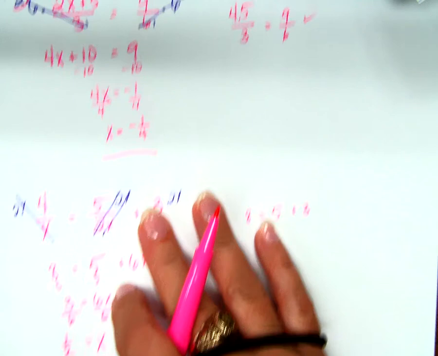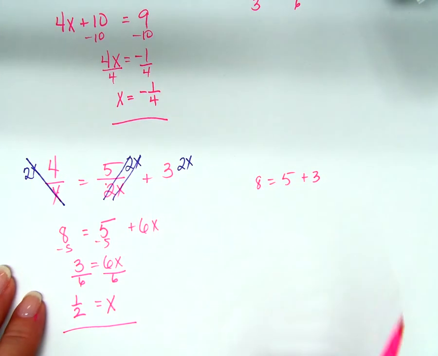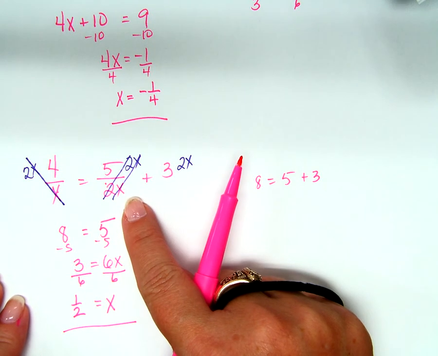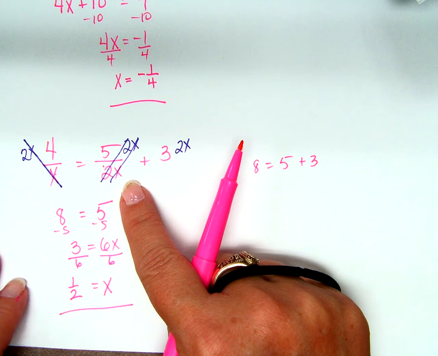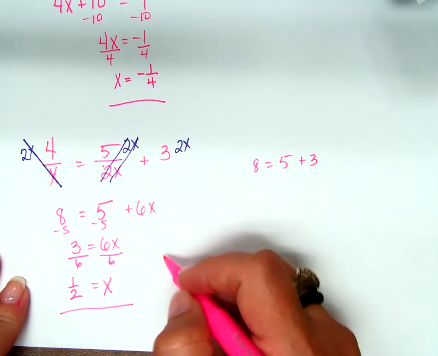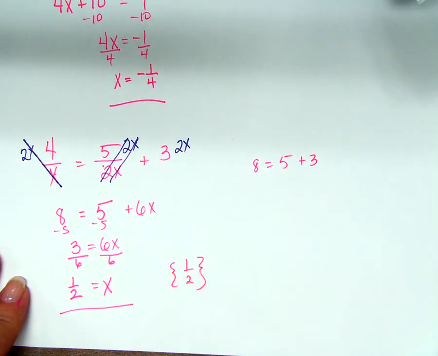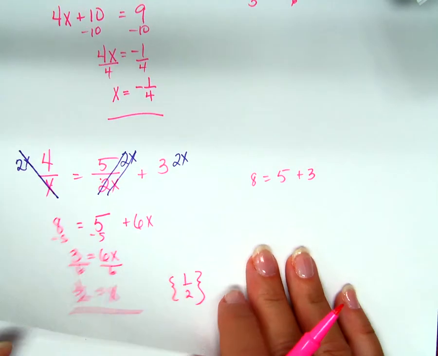Okay. So, what is the solution set to this problem? What's the set of all answers that's a solution to this problem? 1/2. We never wrote the answer like this. We always wrote the answer like this. But if it asks you for the solution set, this is a solution set. Does that make sense?